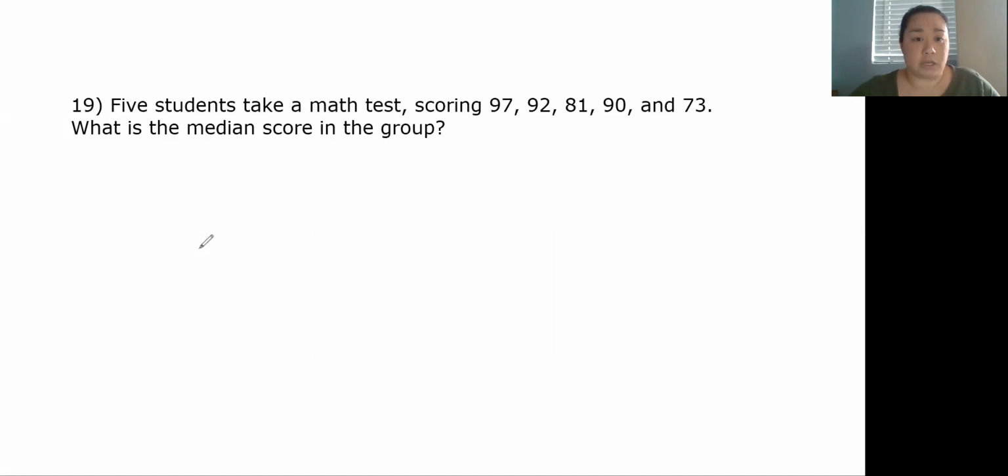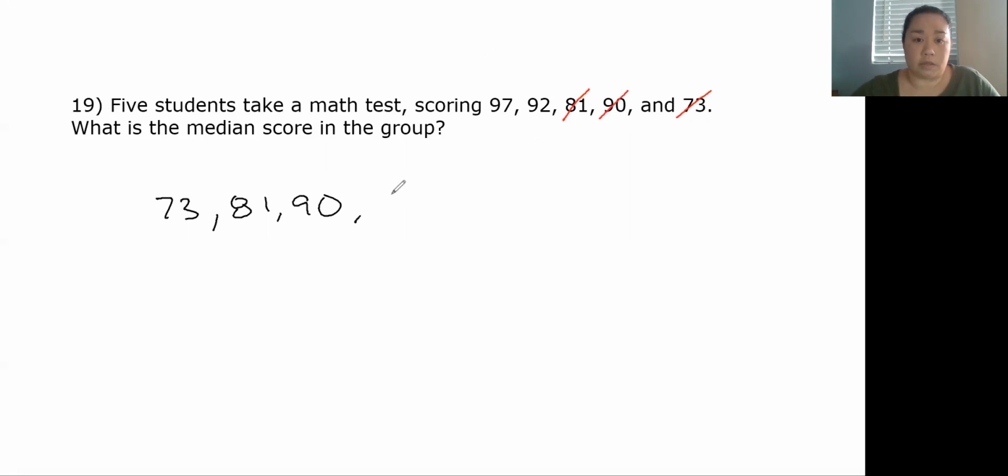So my smallest number is 73. All right, I got that guy. My next number is 81. Okay, I got that. Next one is 90. Got that.